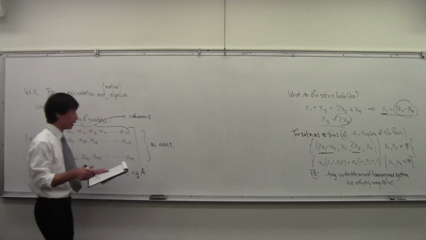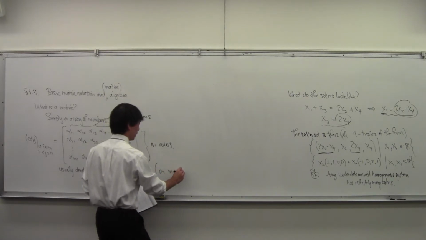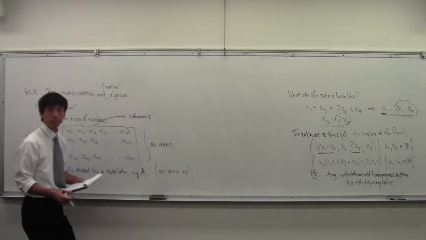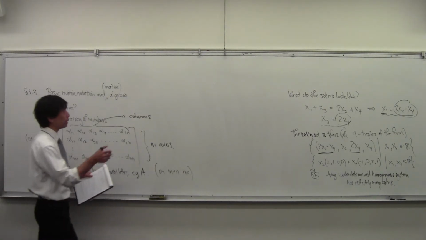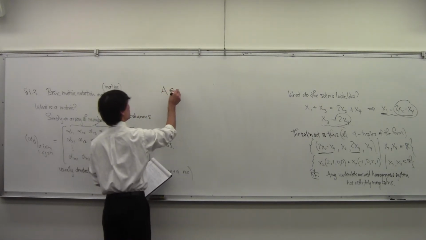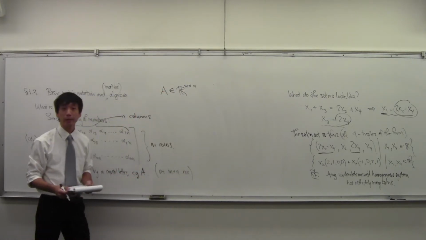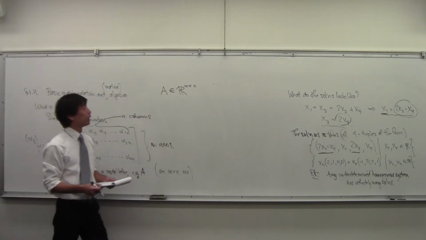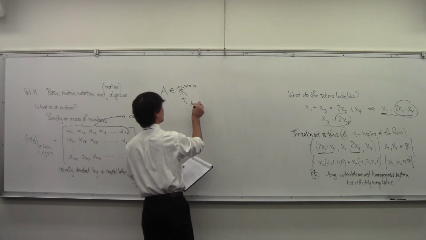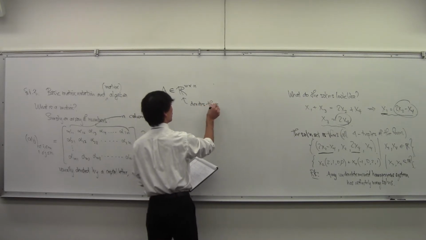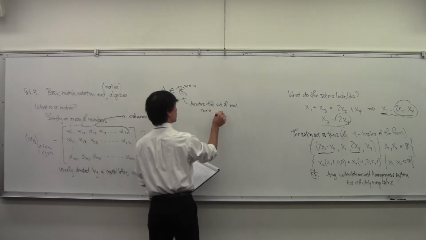And so we call this an m by n matrix. And we write that concisely by saying that A is in R^(m×n). This notation denotes the set of real m by n matrices.